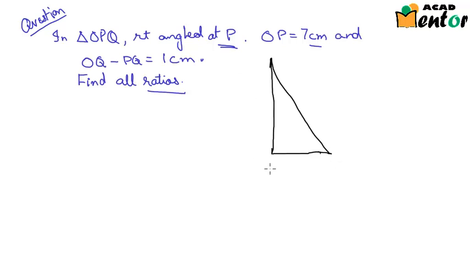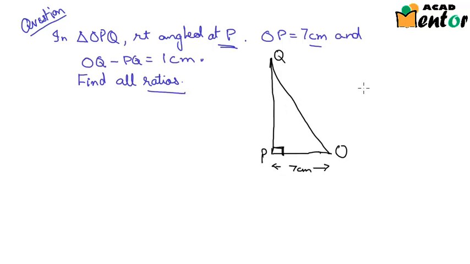This is right angled at P, so this is P. So let's call this Q and let's call this O. So we have triangle OPQ, right angled at P. We are given that OP, or say this side, is 7 centimeters and OQ minus PQ is 1 centimeter.